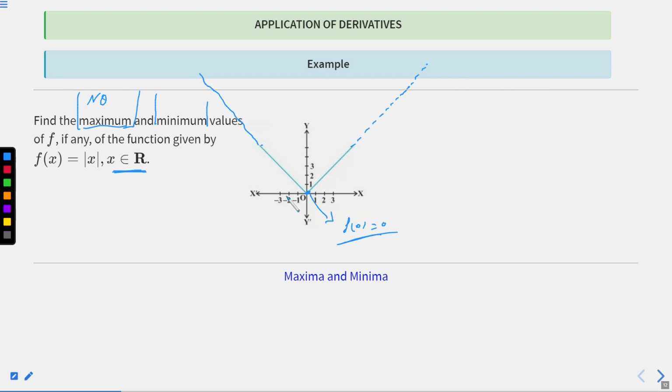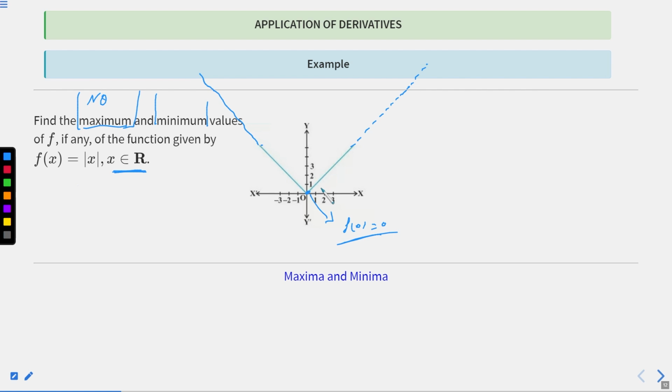If you restrict your graph, suppose from -1 to 2, then the maximum value will be just 2. Clear?